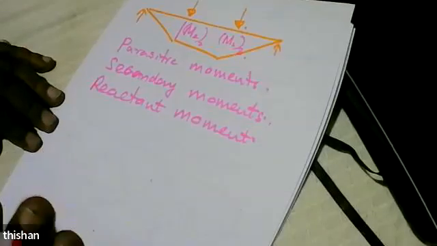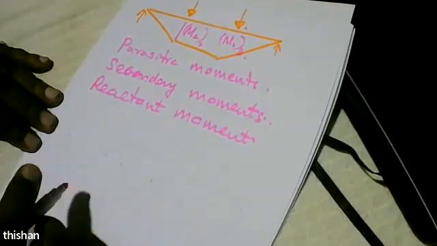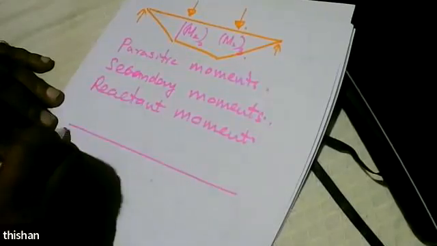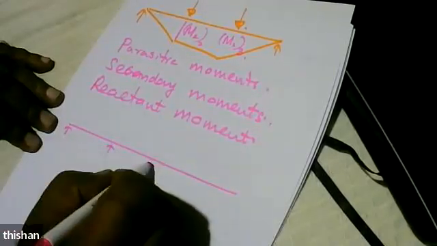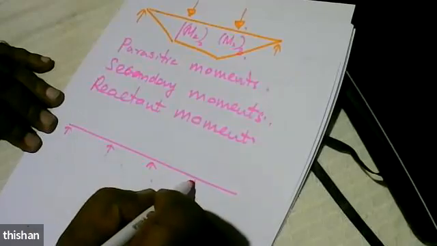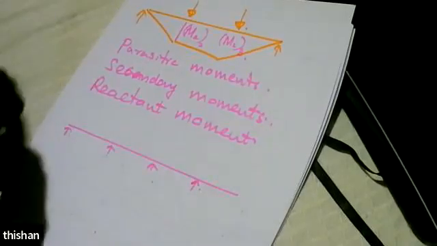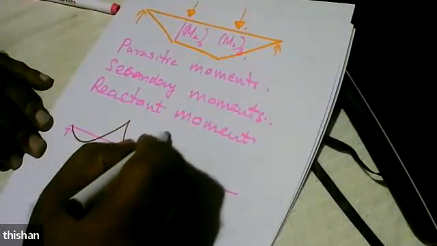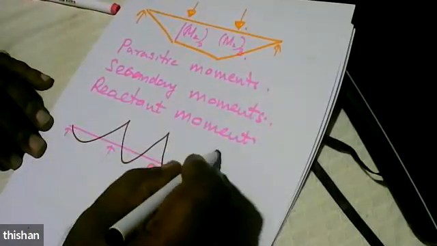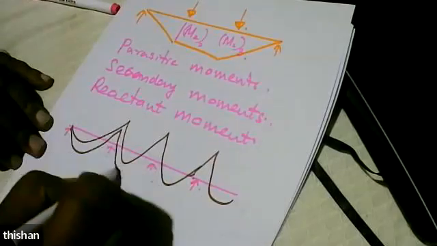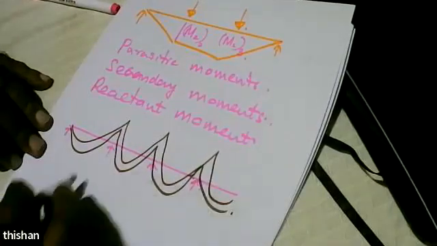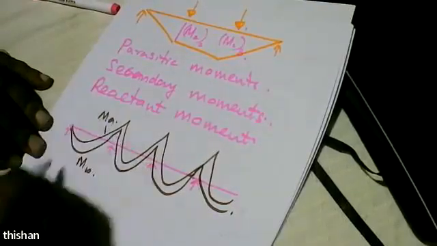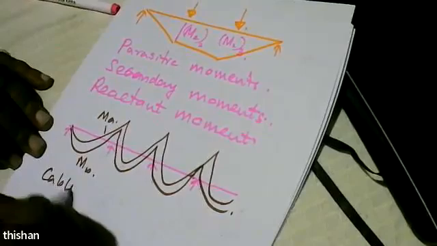It used to be a real pain, because what happens is, now you do your load analysis, and we have already got a bending moment in the beam. And we have MB, we have MA, we have fitted a cable.